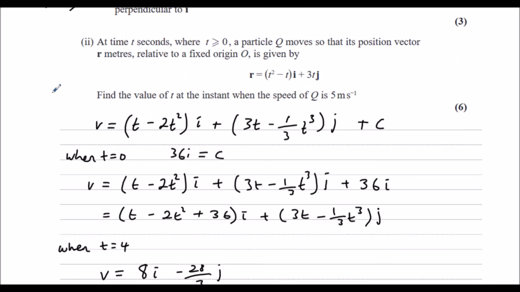It's the second part. At time t seconds, where t is bigger or equal to 0, a particle Q, so a different particle, moves so its position vector, r meters, relative to a fixed origin O, is given by r = (t² - t)i + 3tj. So this is the displacement this time. Find the value of t at the instant when the speed of Q is 5 meters per second.